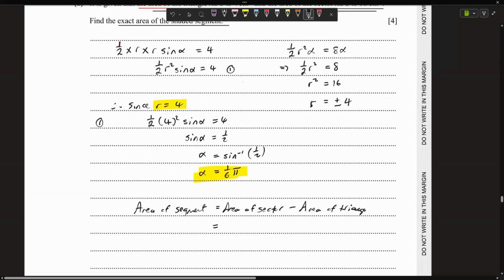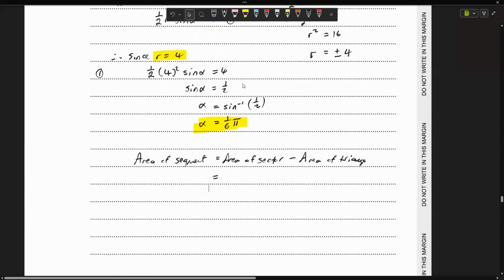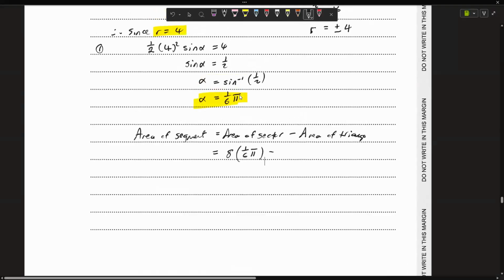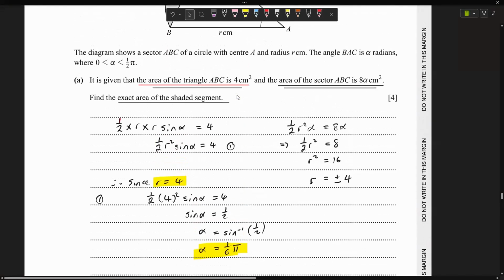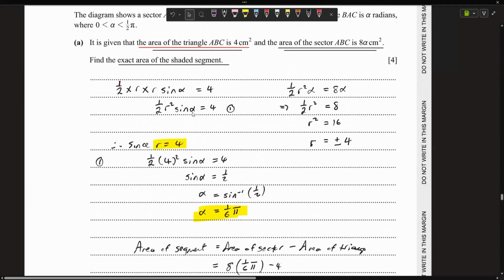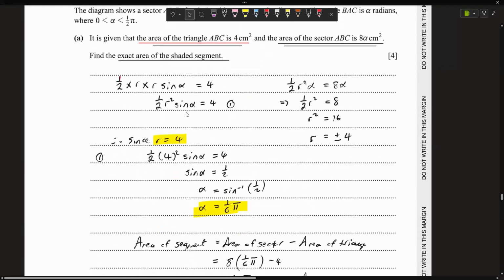For the area of the sector, we had 8 alpha, which we got to be a sixth pi, minus area of the triangle, which they'd already told us was 4. So basically, we will get 4 over 3 pi minus 4 as the answer. I think this was the best way to go about it. So that was 9A.